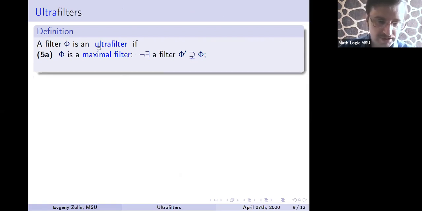It is called an ultrafilter. So phi, a filter over some set I, is called an ultrafilter if the following equivalent conditions hold. These are two different but equivalent conditions. So phi is maximal in the following sense: there is no bigger filter, there is no filter that contains phi and strictly contains it.